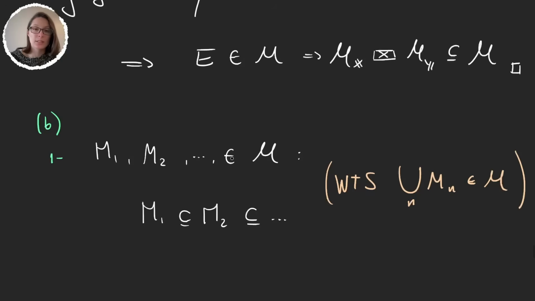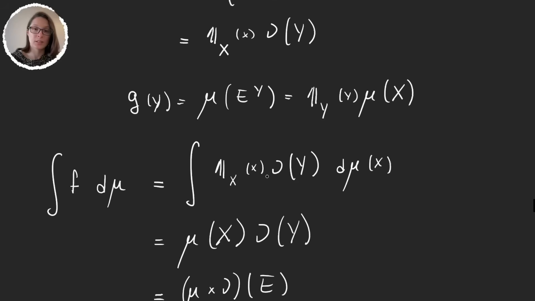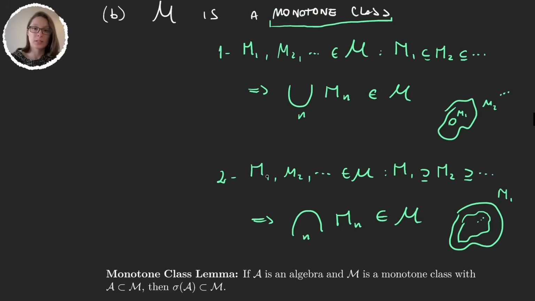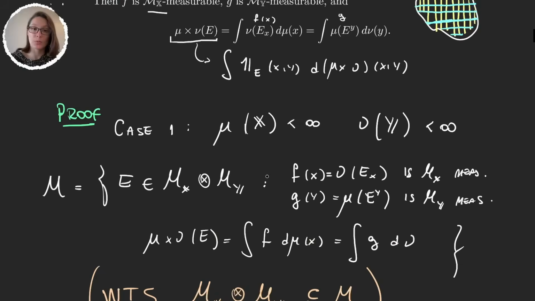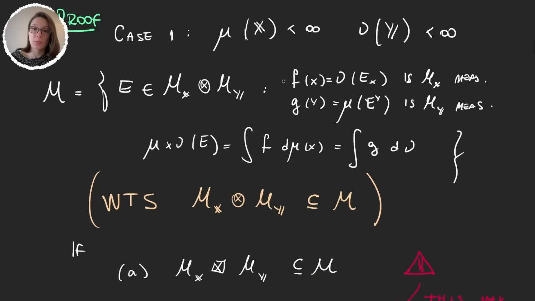Now, these elements M1, M2 are all in M. That means all of these sets satisfy these two properties of the theorem. So I will have one of these functions for each Mn, and then we will have this property also for each Mn. And we need to show that it holds for the union. So let's start by giving all these functions that we know exist and satisfy these properties some names.